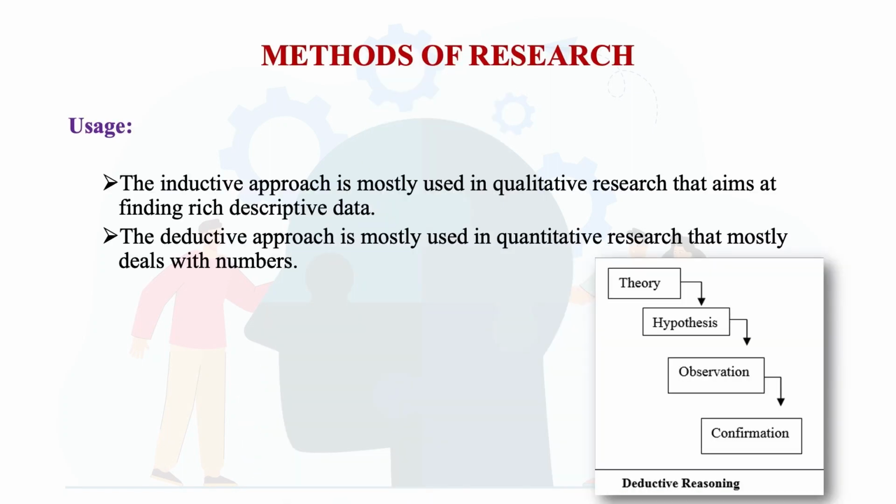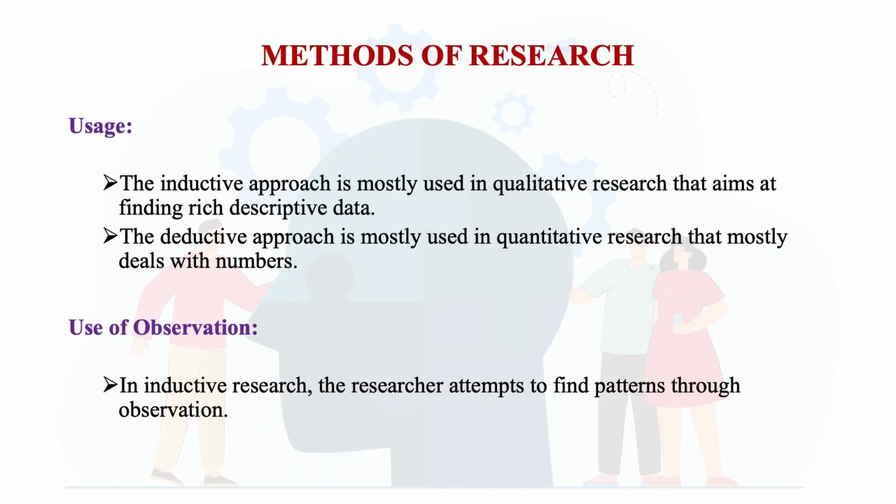Whereas the deductive approach is mostly used in quantitative research that mostly deals with numbers. Okay, inductive theorizes and deductive actually tests the theory. So there is another usage of observation. In inductive research, the researcher attempts to find patterns through observation.